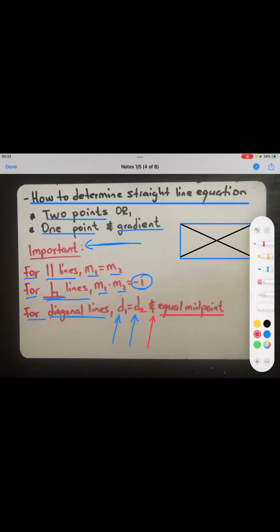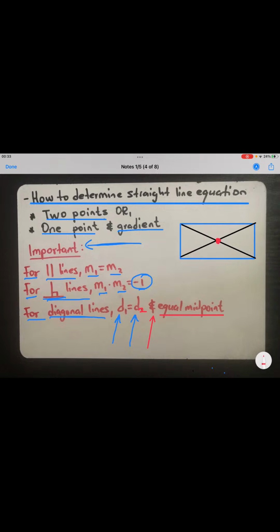So if we are having A, B, C, and D, what I'm saying is BC is equal to AD. That's what I'm saying. And also, that midpoint there is common.